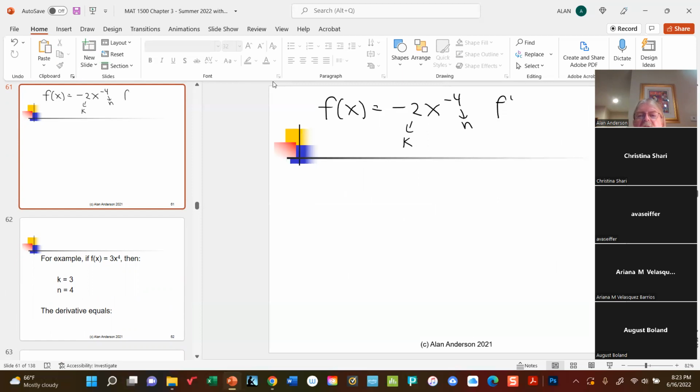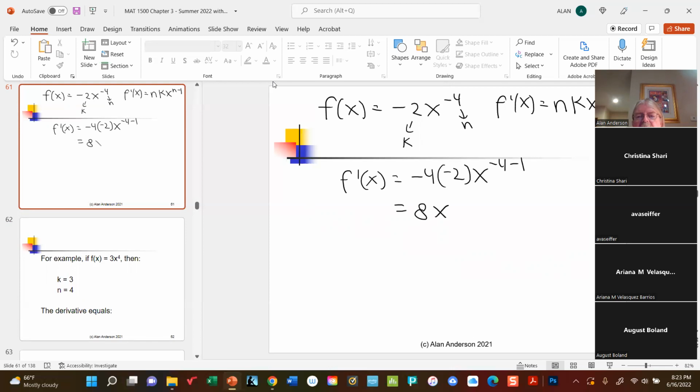The derivative is nkx^(n-1), which means minus 4 times minus 2x to the minus 4 minus 1, 8x to the minus 5 power. Interesting.